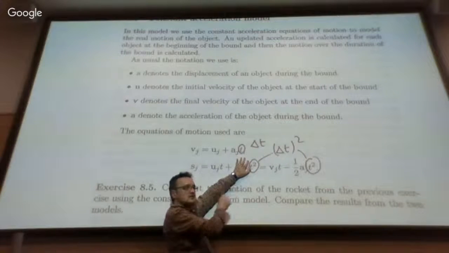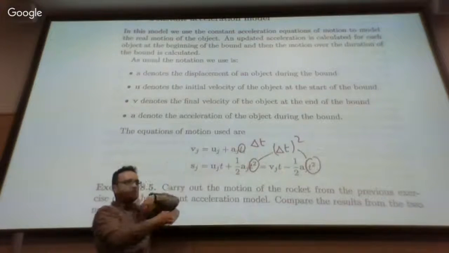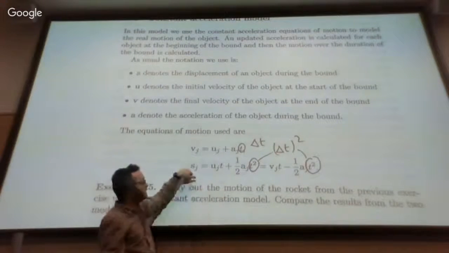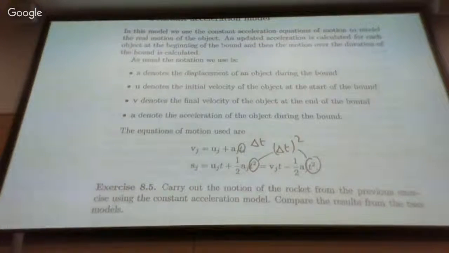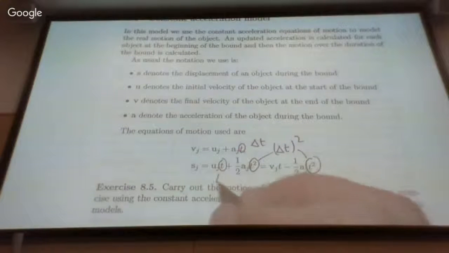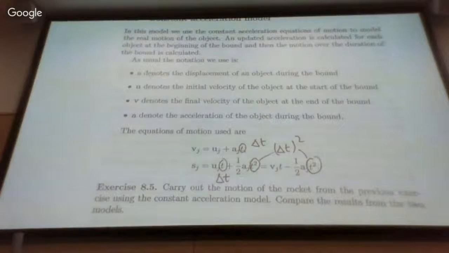That was the constant velocity picture. Here we're not assuming constant velocity over the course of the bound, so we're taking into account the effect of the acceleration. Delta t here as well. So all those t's become delta t's.